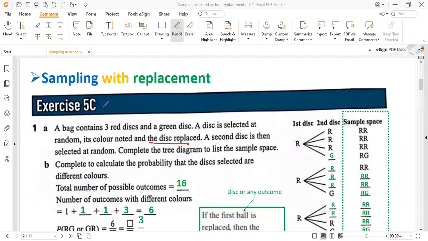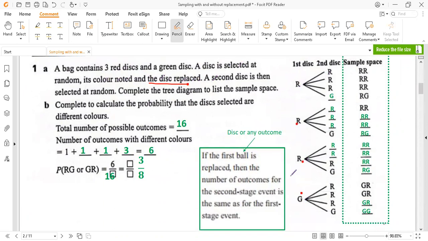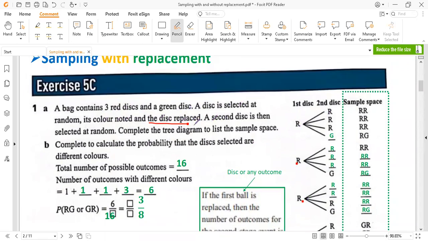In the first exercise, we have a bag containing 3 red discs and a green disc. A disc is selected at random, its color noted, and the disc replaced. So the first disc could be red or green. But it is replaced, so we again have 3 red discs and 1 green in the bag.